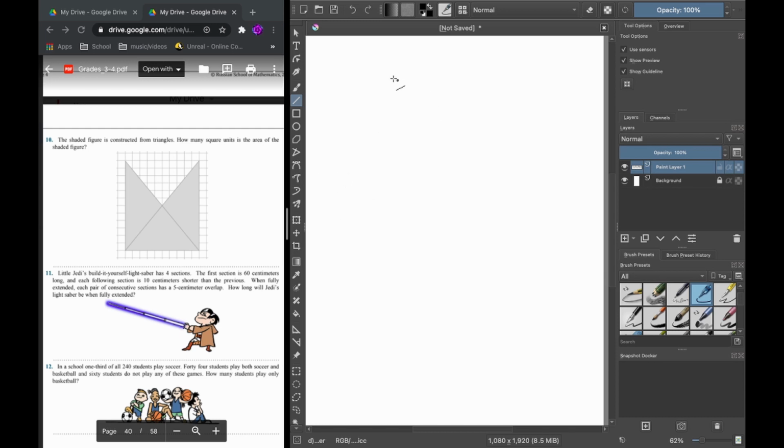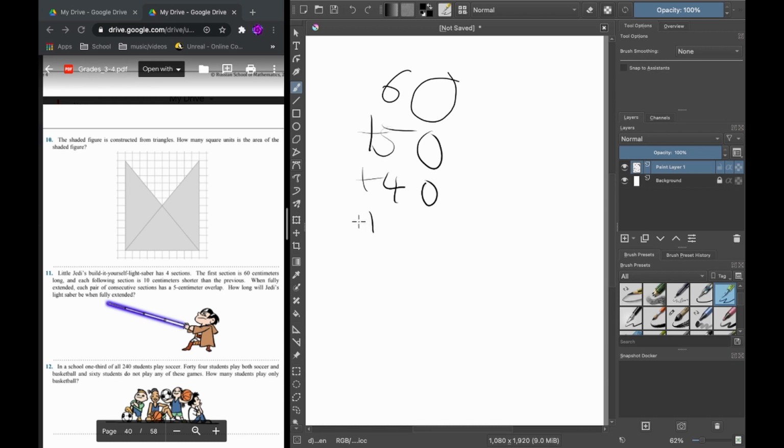What I would do right now, now that we figured that out, is, where's my paintbrush? Perfect. So that's 60 plus 50 plus 40 plus 30.